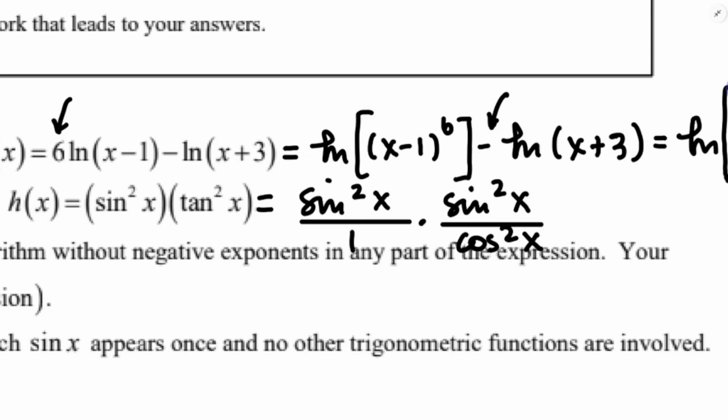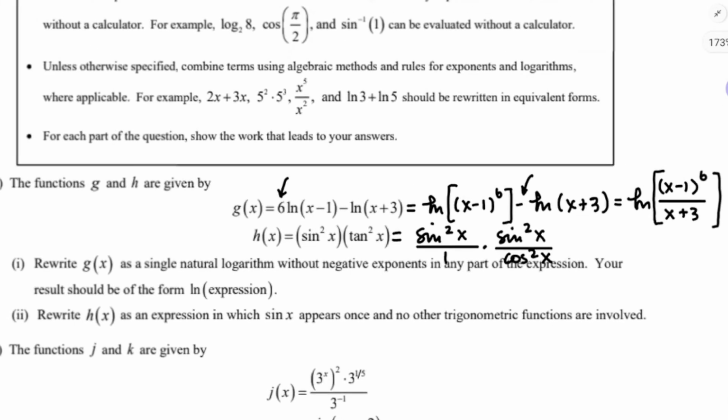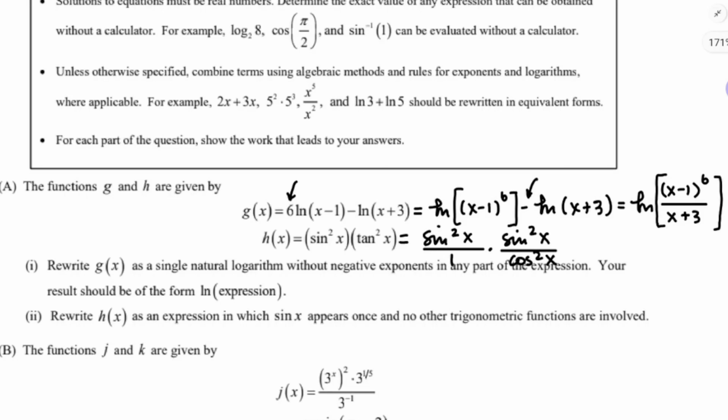Okay, sine appears once. If it was cotangent or cosine squared tangent squared, that might make sense. I'm not loving this. This does not seem like it's going anywhere, because if I do cosine squared is 1 minus sine squared, that's not really very helpful in the denominator.